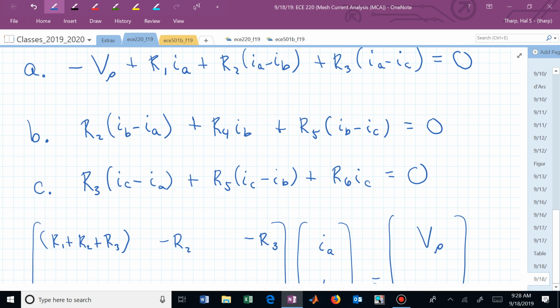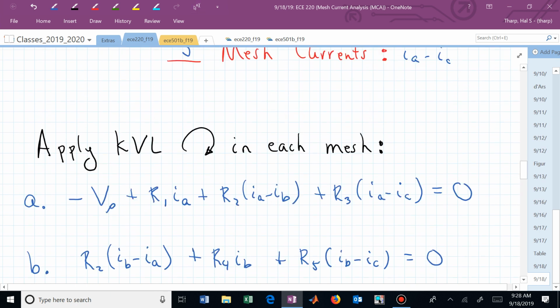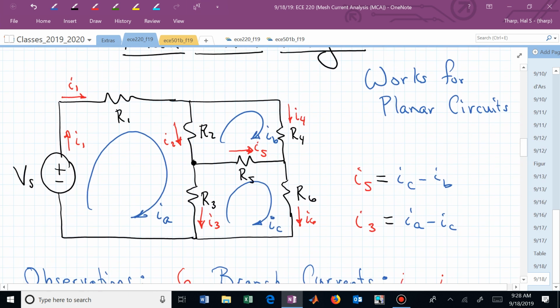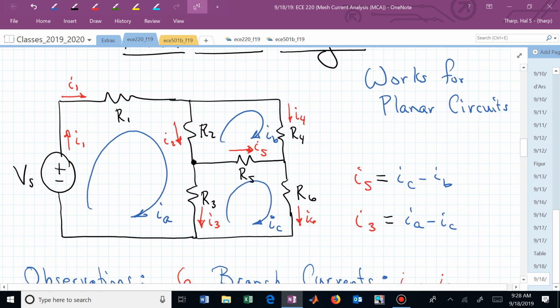Here's how we did it, basically by just comparing terms in that first equation, by looking at or combining the appropriate coefficients. But here, by inspection, you say, okay, I'm doing the first mesh, mesh A, and I say, is there anything on the right-hand side?